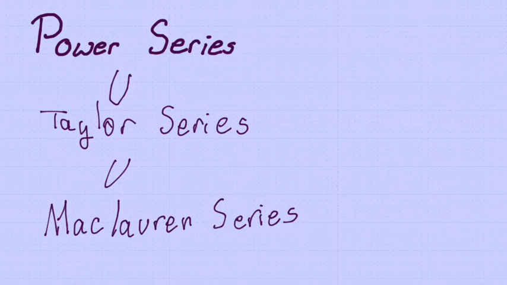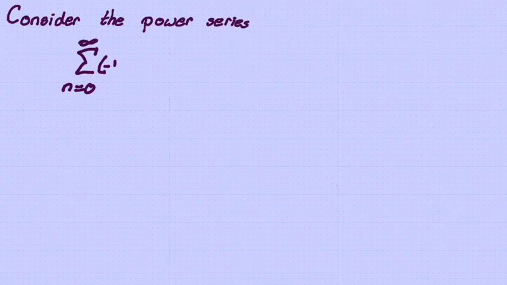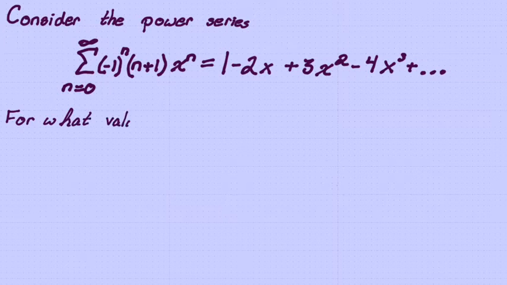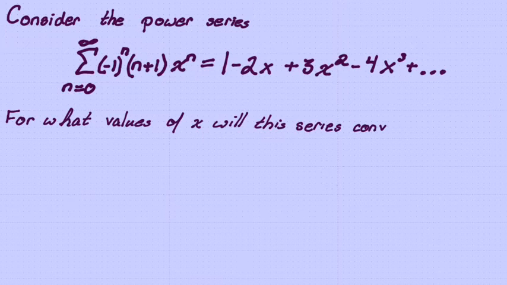So today I'm going to go over how to answer questions like this one. Given some power series, and again, it's not a power series of some known function, it's just a power series. And then we want to know, for what values of x will this series converge?